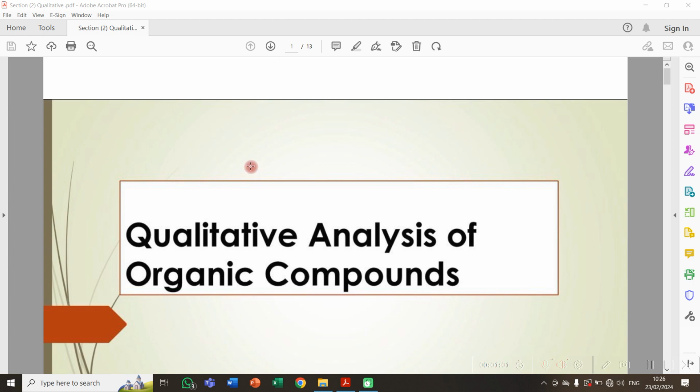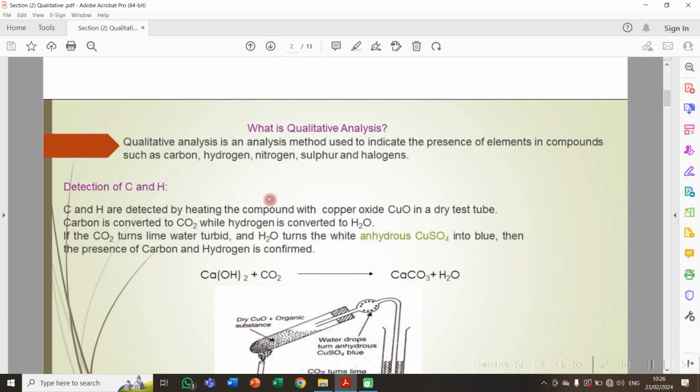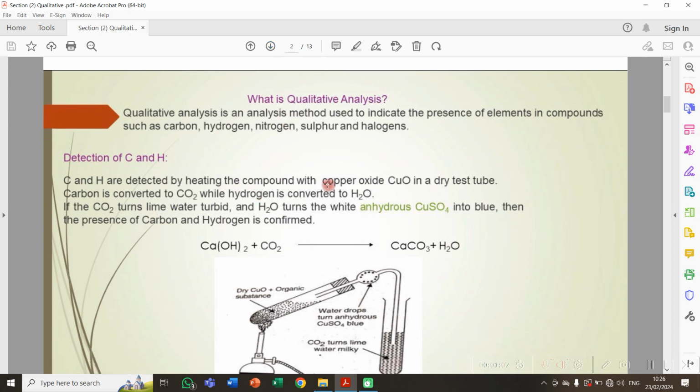So let's first start with identification and qualitative analysis of the carbon and hydrogen atoms. In order to identify them, like here in this slide, we get our organic compound and heat it with copper oxide.